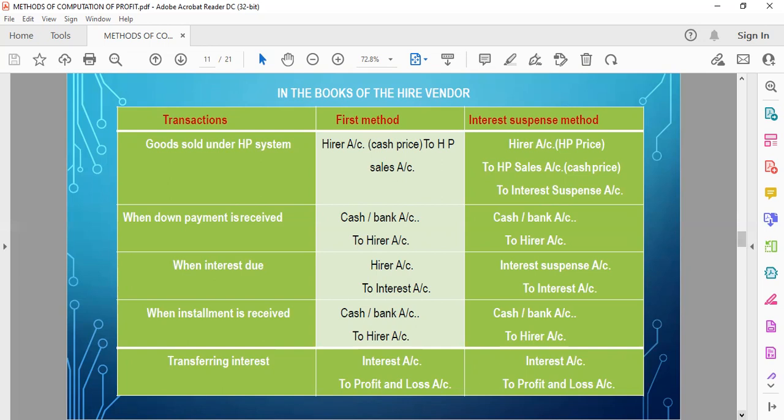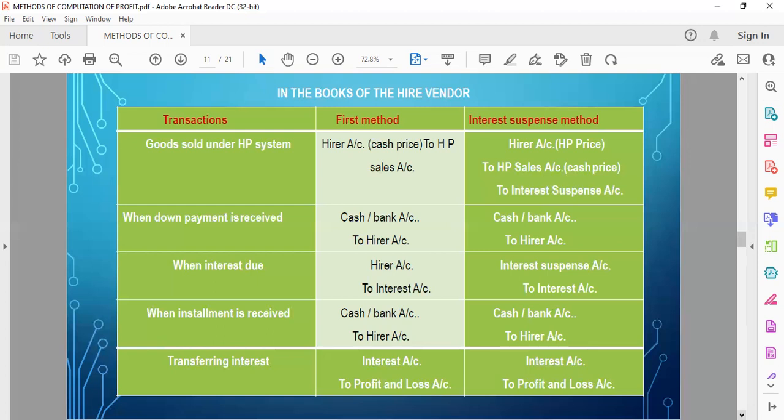The next transaction is when interest due. In the first method, hirer account debtor to interest account. In the second method, interest suspense account debtor to interest account. The next transaction is when installment is received. In the first method, cash or bank account debtor to hirer account.